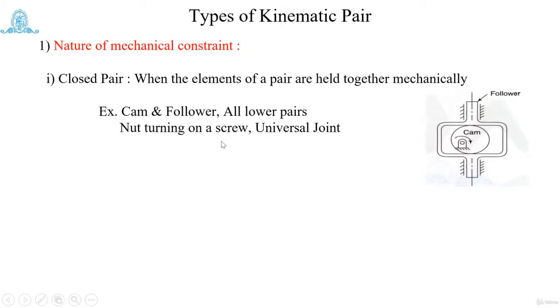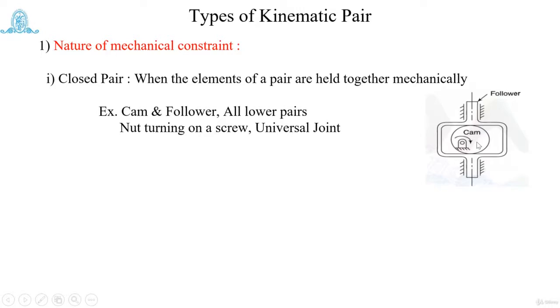When we form a pair, they are mechanically held together. Once they are mechanically held together, they are not going to move away or break, and while transmitting the motion they will always be in contact with each other, then they are called a closed pair. Look at the example of a cam and follower.